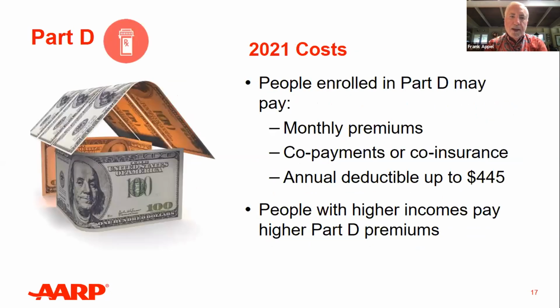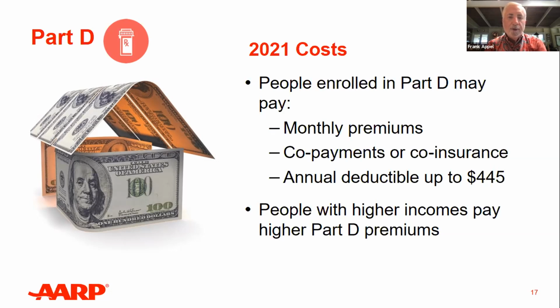So in 2021, people enrolled in Part D may have to pay a monthly premium, and that averages about $30 a month this year. But there are some plans, even plans available here in Hawaii, that do not charge an additional premium for Part D. You're likely to pay either a co-payment when you pick up your drug, $10, $15, depending on the tier it's in, or a co-insurance.